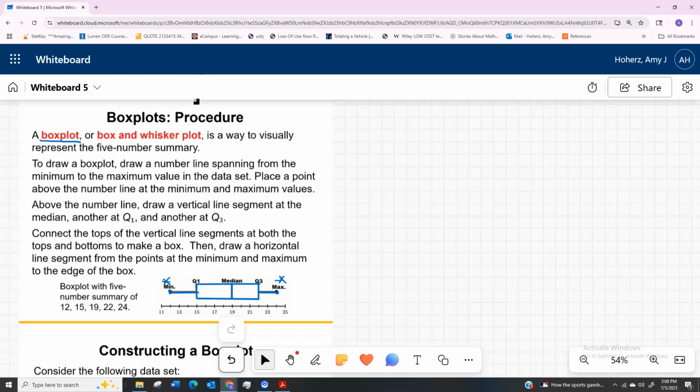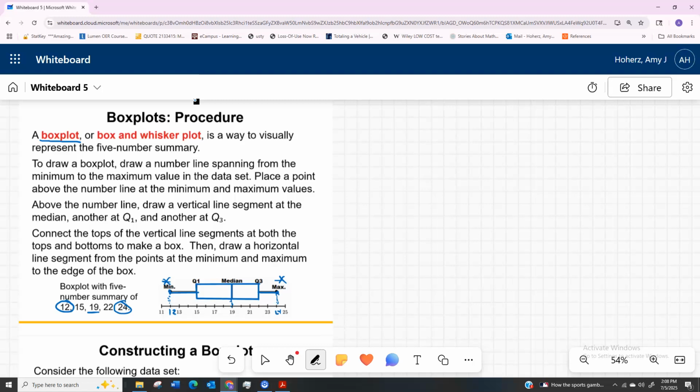Okay, so this box plot had a 5-number summary of 12. You see right here, that was 12. So that was the minimum value. The largest value was 24. The median was 19. That's why we have that mark right there in the middle of the box.